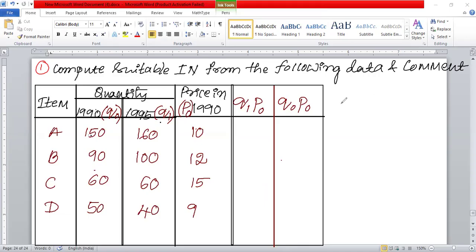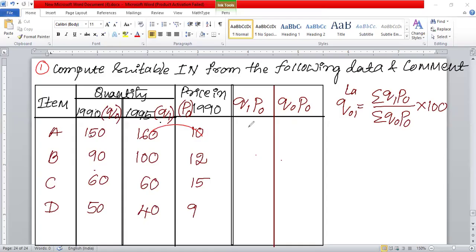So this formula is Q01 last year's quantity formula: summation Q1 P0 by summation Q0 P0 multiplied by 100. So we need to multiply Q1 P0, then Q0 P0. Take out your calculator. First Q1 P0.